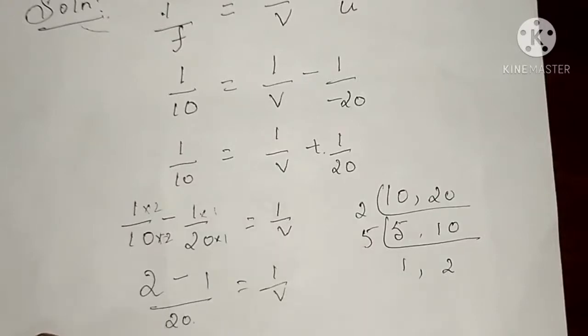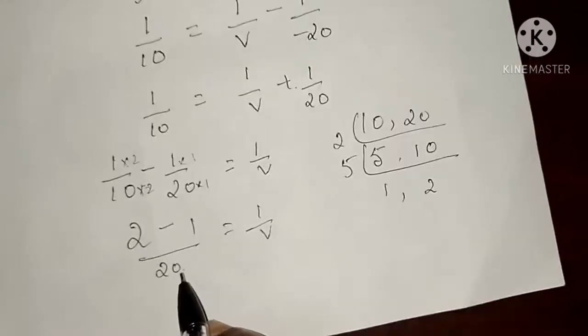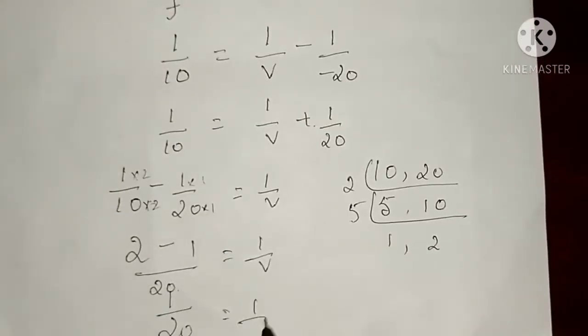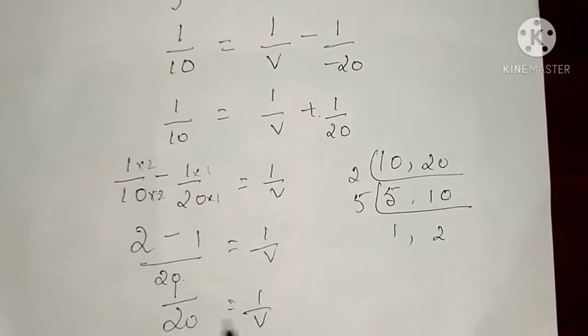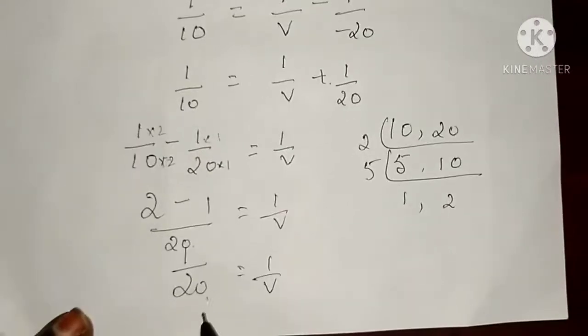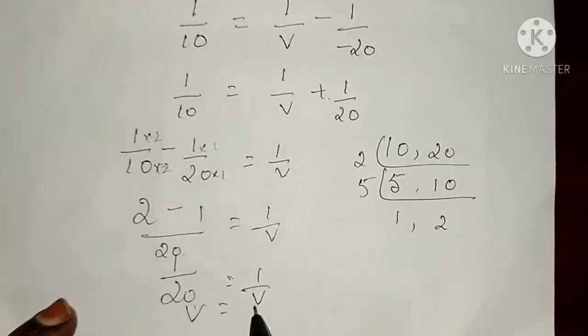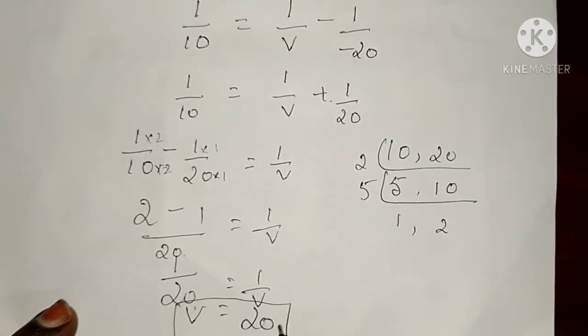So 2 minus 1, what's that? 1, isn't it? So here 1 by 20 equal to 1 by v. So 1 by v is equal to 1 by 20, means what is v? Just take the reciprocal. So v is equal to what? 20 centimeter. Okay, v is equal to 20 centimeter.